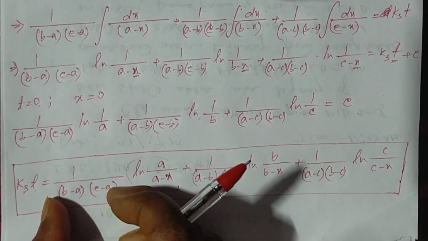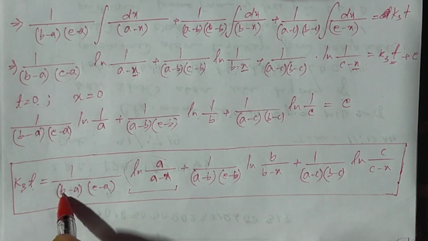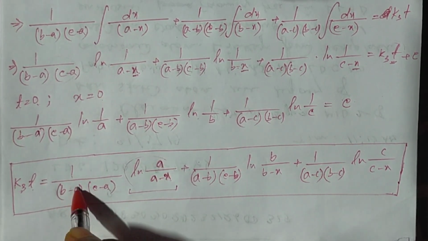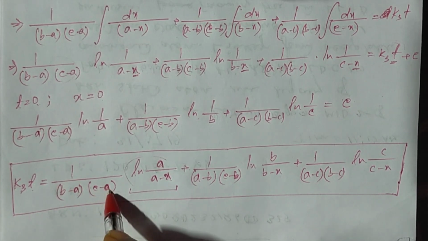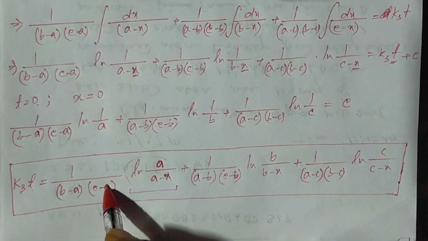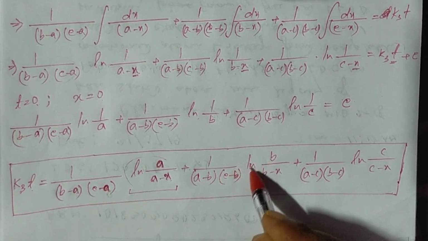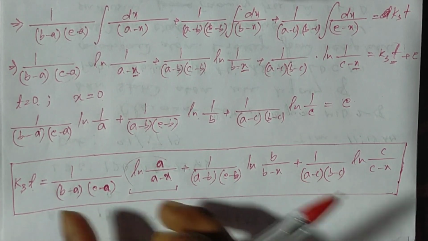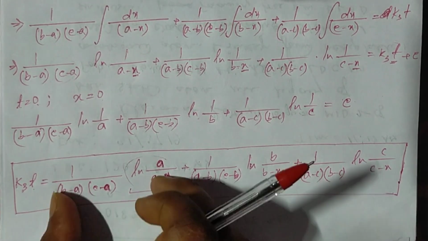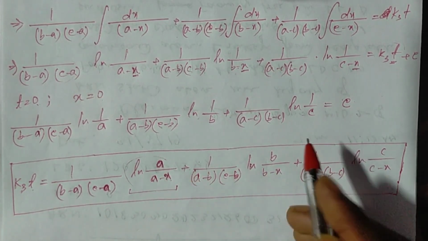The only difference is this part: if you write A here, then it will be (B minus A)(C minus A). In this case there are three reactants, so there will be A, B, C, but it is similar to the first order reaction.